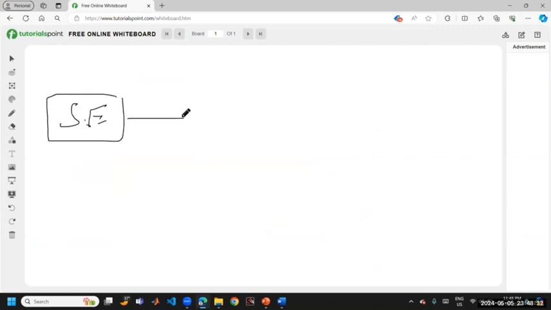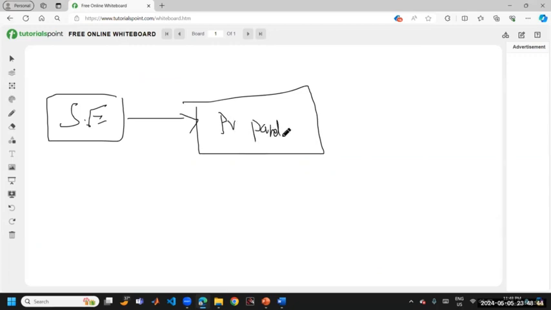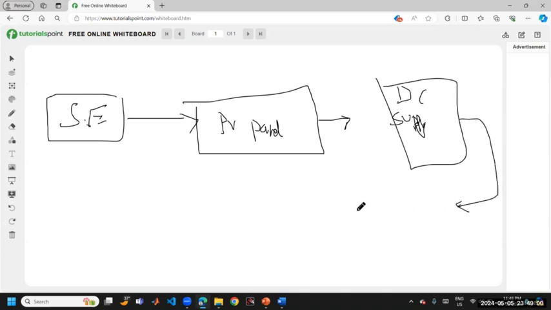So coming to the direct method, first is solar energy, and that will be given to the solar photons connected to the PV panel. The next stage will be the PV panel. Next, DC supply will be produced, and that will be given to the battery.